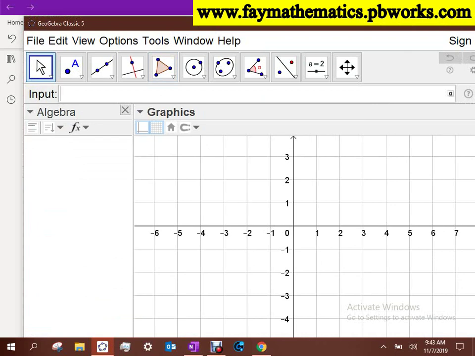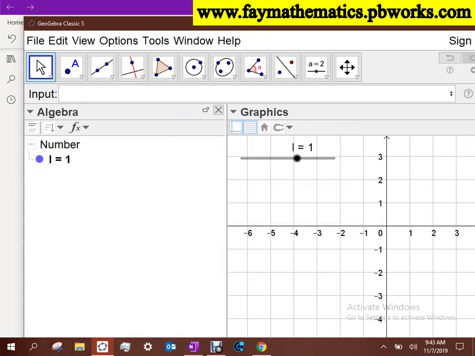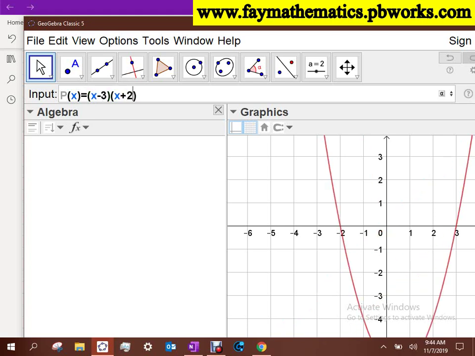So let's see. I don't know if GeoGebra will do this. Let's go P of x, x minus 3, x minus 2i, x plus 2i. Let's go P of x equals x minus 3, x plus 2 times square root of negative 1.